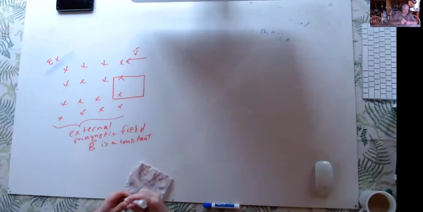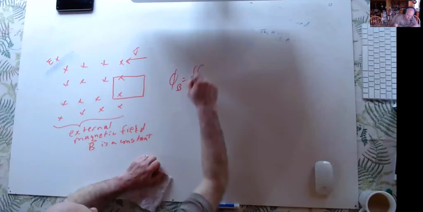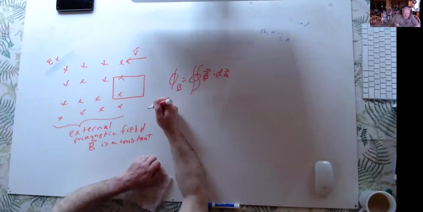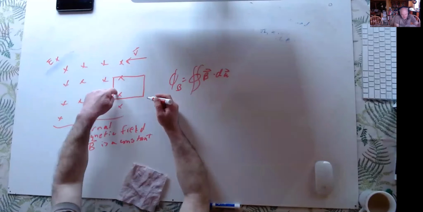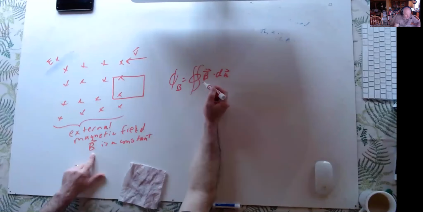So let's do that. If you calculate the flux here, and again, I'm going to use that confusing notation, and it is confusing. So in this case, what's going to happen? Well, that B is going in and the dA is going in, and I would work this out. Now the B is constant here, but why is this flux increasing?